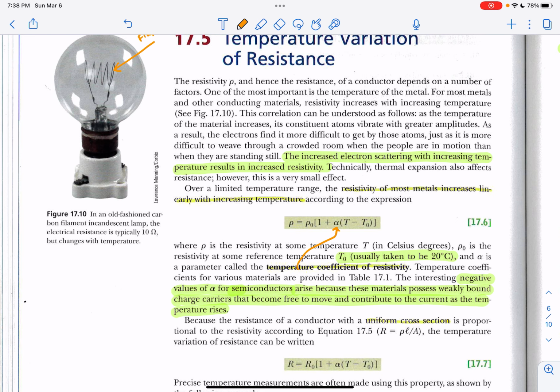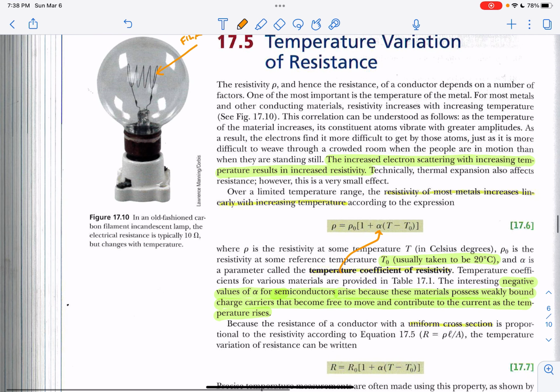And the way we calculate that is this value right here is the resistivity from the chart. It is the theoretical ideal, so to speak, resistivity. This is the actual resistivity as a result of taking into consideration temperature.